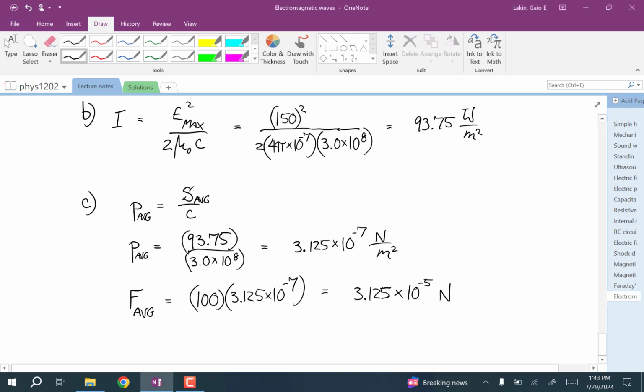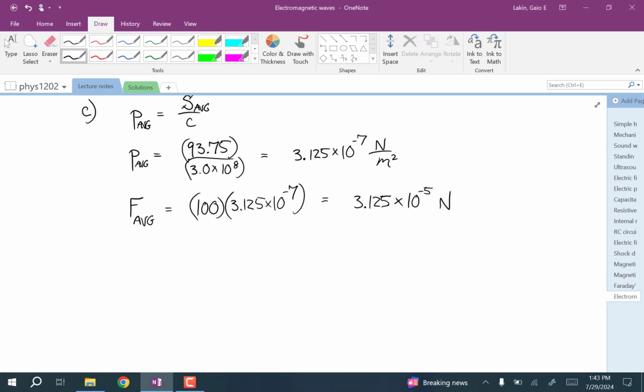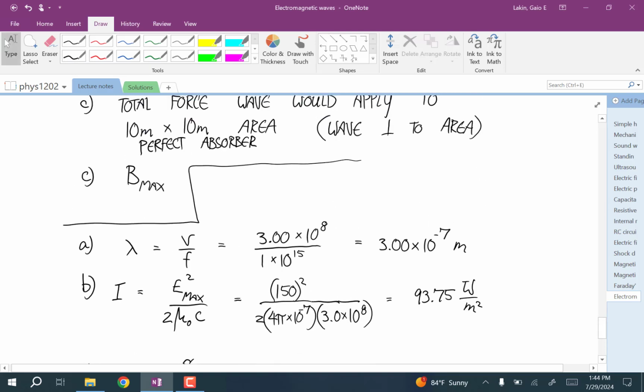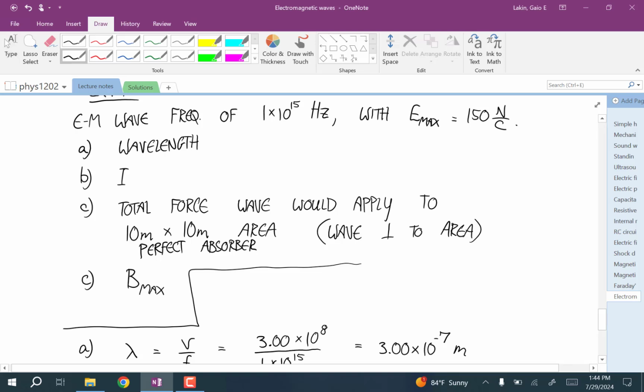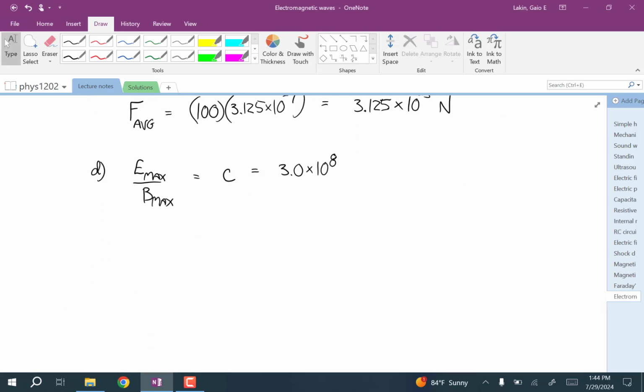And then finally, we want to calculate the maximum value of the magnetic field vector. Well, we know that E max over B max is equal to c, so it's equal to 3 times 10 to the 8th. We know the value of E max, we're given that, so that's 150.